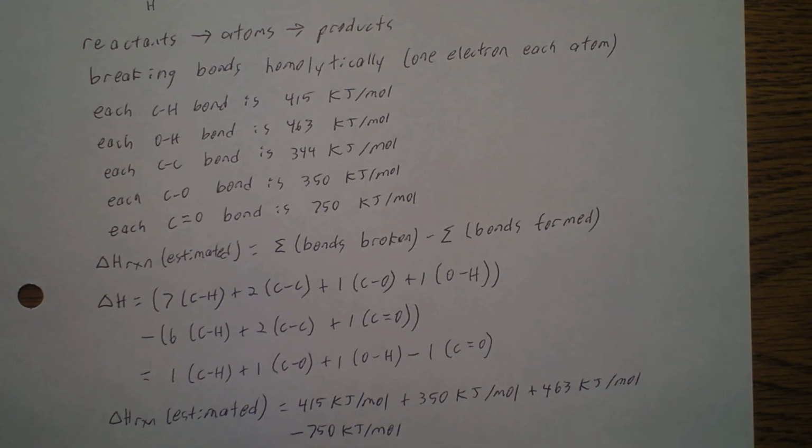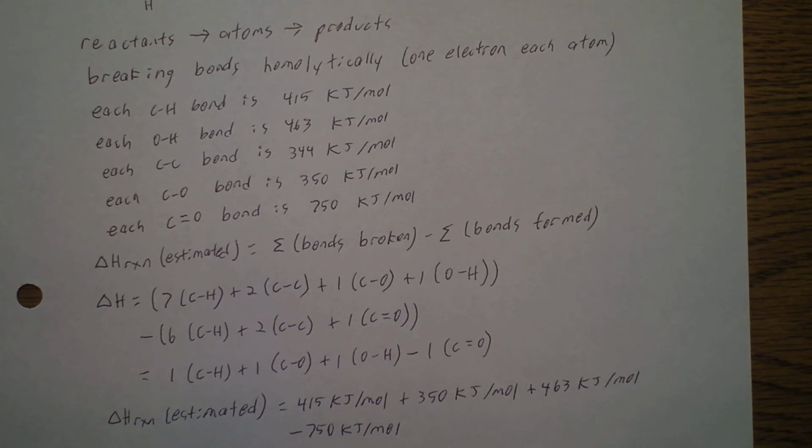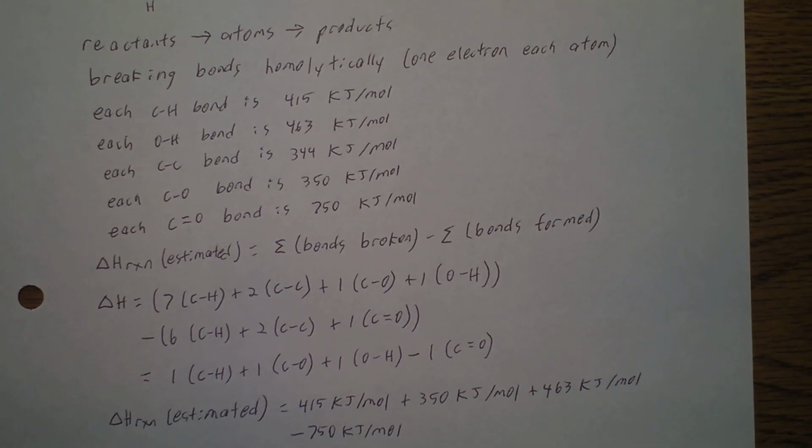It's going to be 503 kilojoules per mole. I think I might have gotten the sign backwards, because if it's exothermic, I would expect a minus sign here. Anyway, so that's the end of section 10.